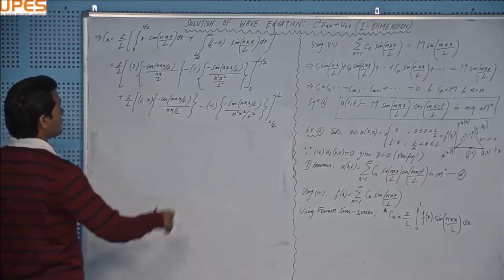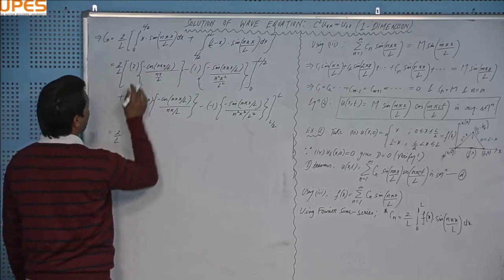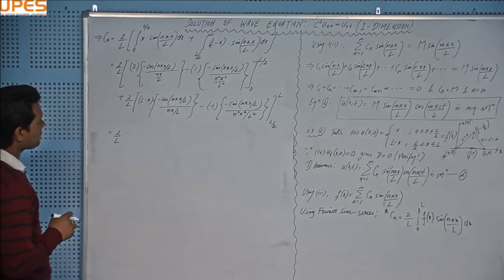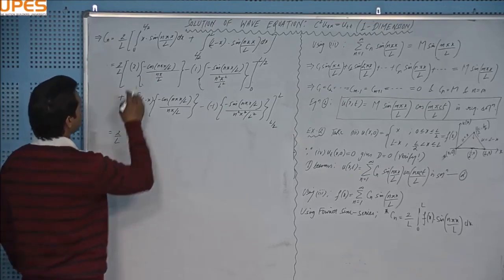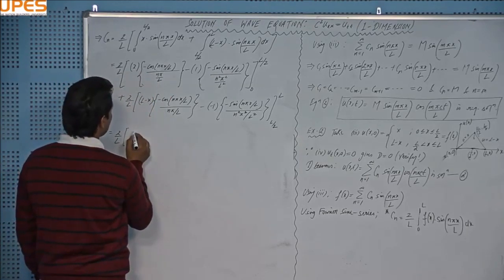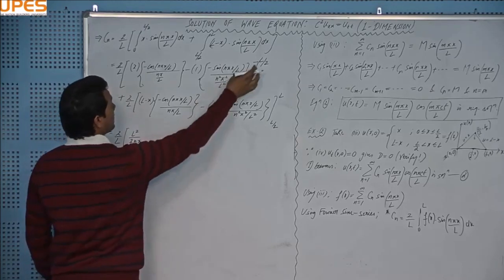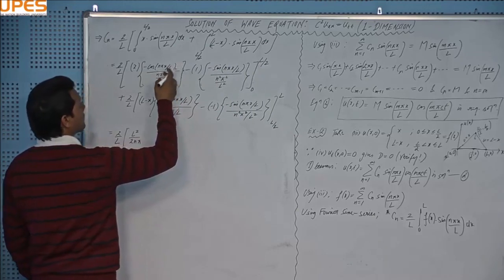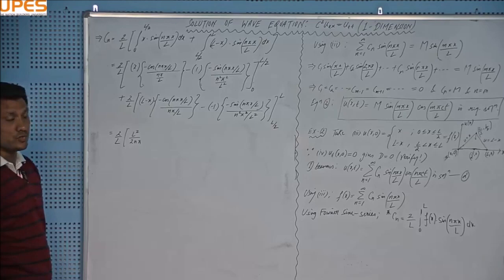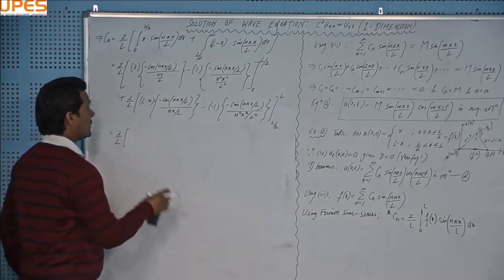Okay, so plugging L by 2 here, I will be getting 2 by L and L by 2, right? And this L goes there. That will become ultimately L square upon 2 n pi, and then putting L by 2 here, that will be cos n pi by 2, and cos n pi by 2 is 0, so no need to write this term, that will go to 0, right?